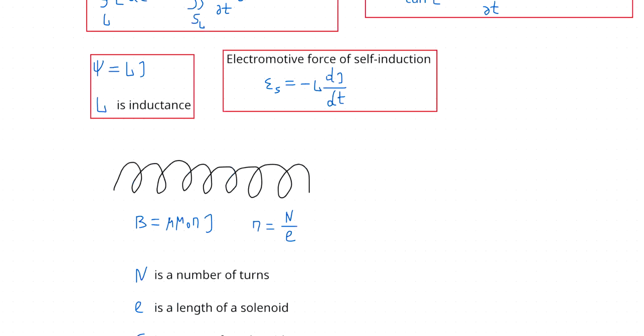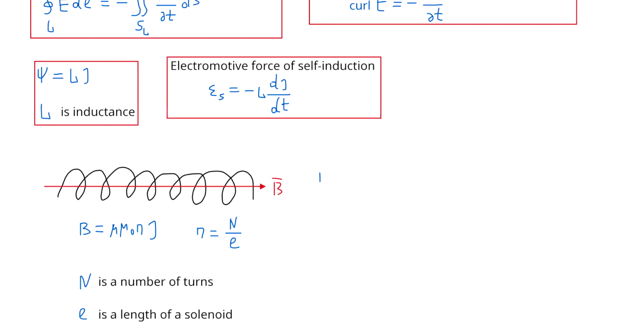We will prove in our practice that the magnetic field inside the solenoid is homogeneous and directed as shown here. The area of each turn is also directed from left to right in this case. So B has the same direction as dS.